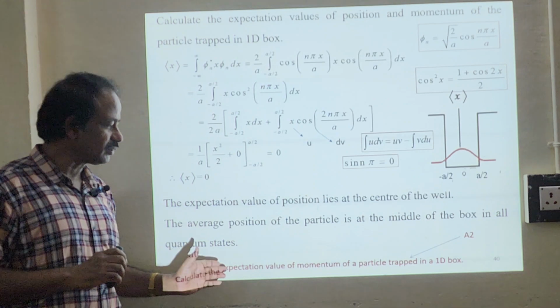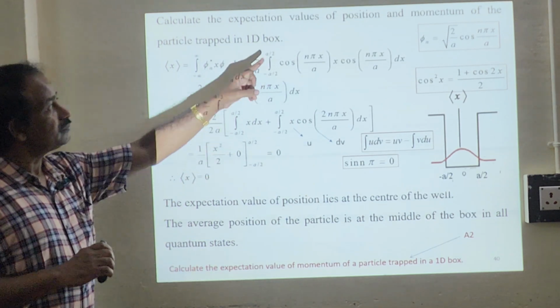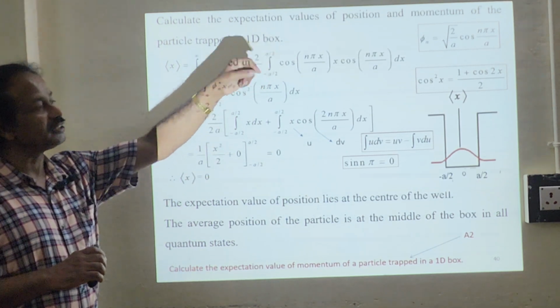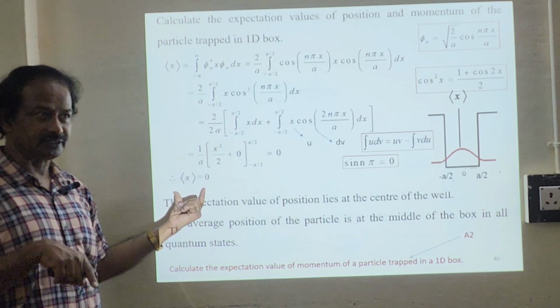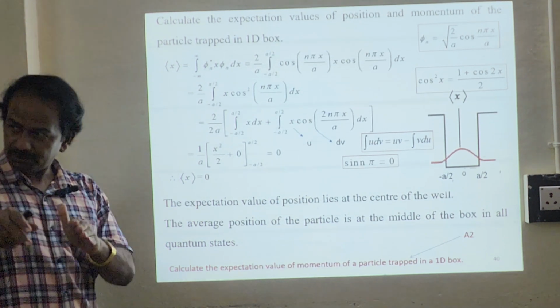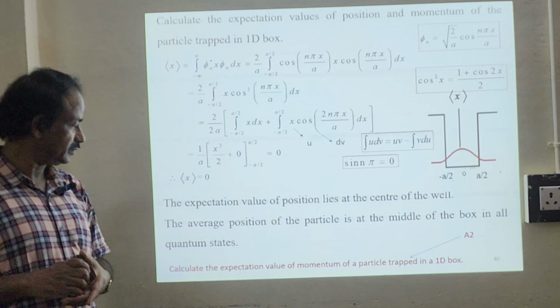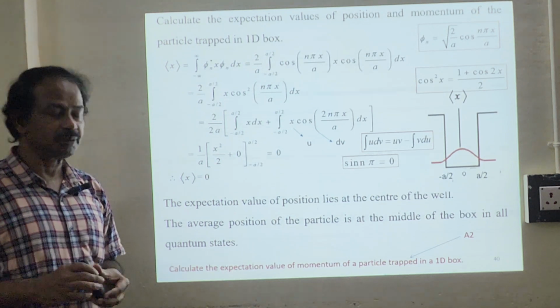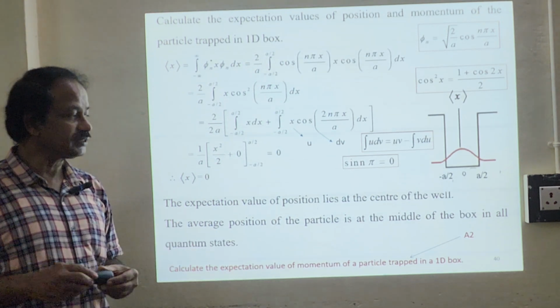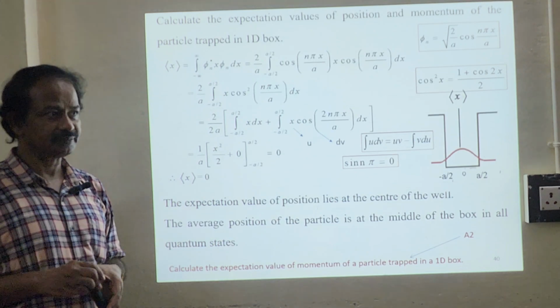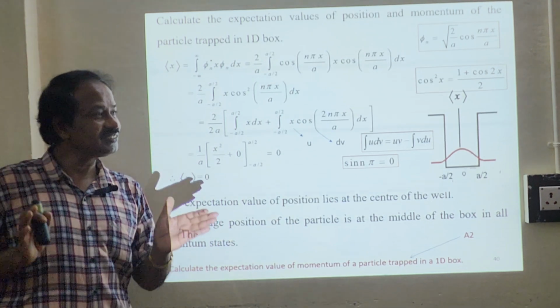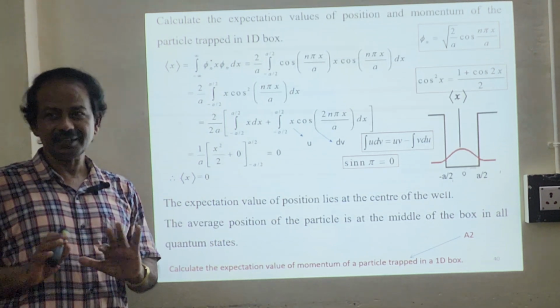Okay. Similarly, we need to calculate the momentum. So two quantities were asked, only the position and the momentum. We calculated the position between minus a by 2 and plus a by 2, and the position is at 0. Similarly, we calculate the expectation value of the momentum for a particle trapped in a 1D box. That will be your assignment. So will the answer exist or not? There will be an answer, or 0?